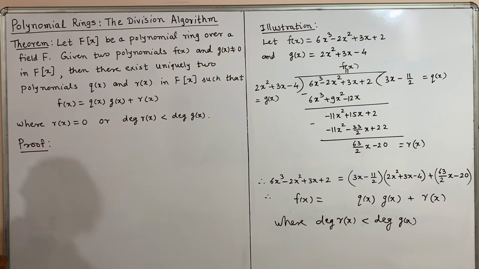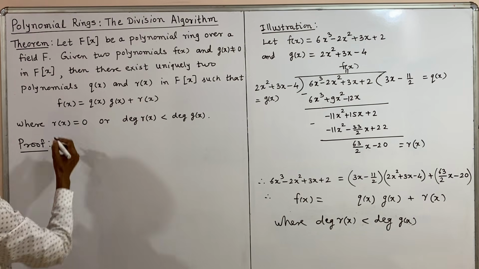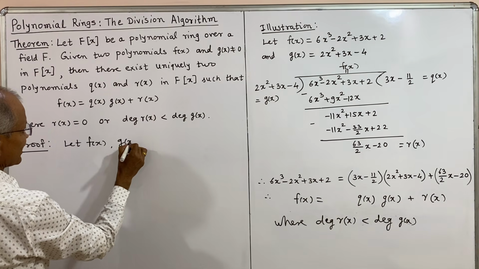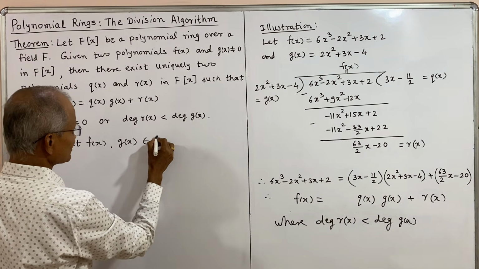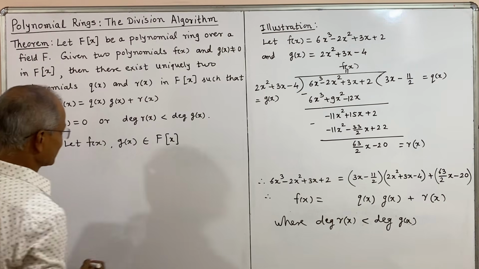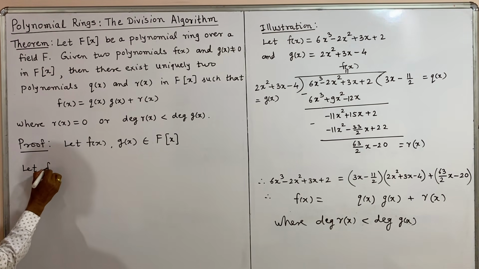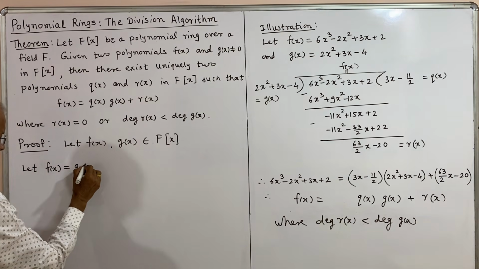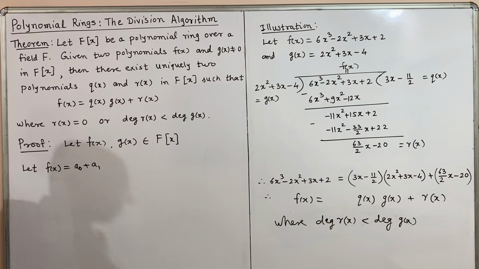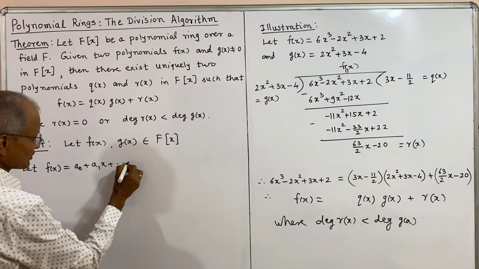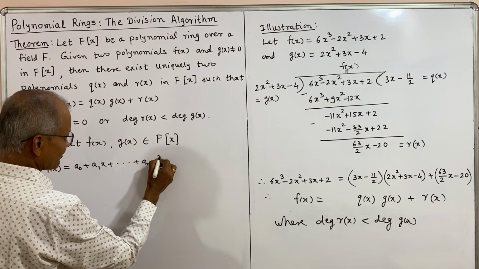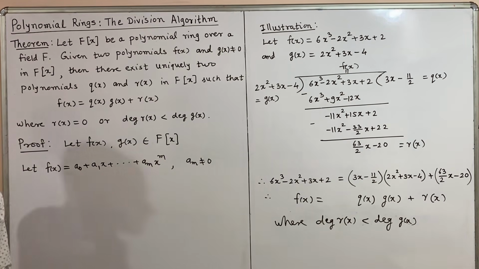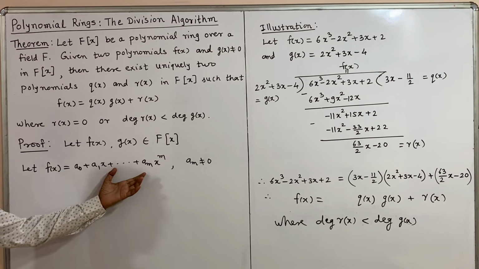To write the proof, we will consider the two polynomials f of x and g of x, which are given in the theorem, belonging to the polynomial ring F of x. Further, let f of x be a polynomial of degree m, written as a naught plus a1 x plus so on up to am x power m, where am is not equal to 0, and therefore the degree is m.